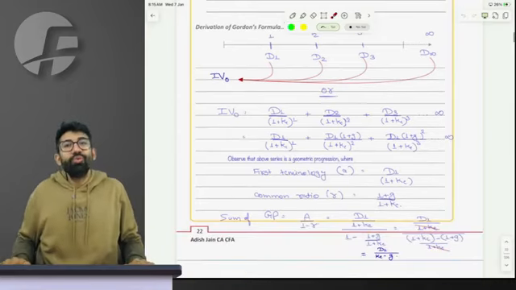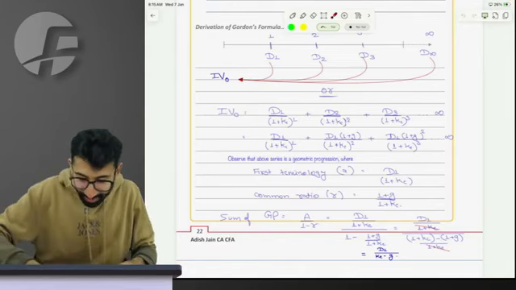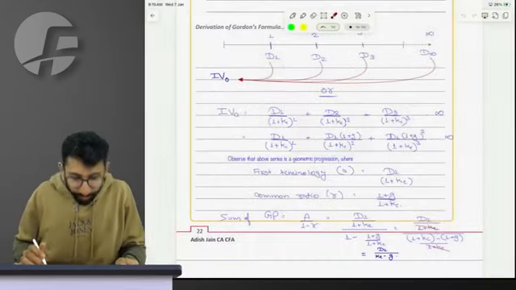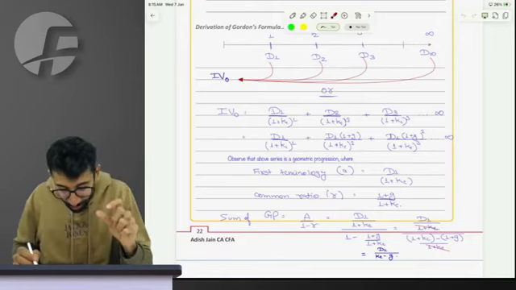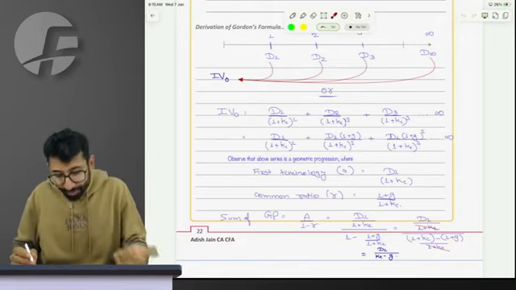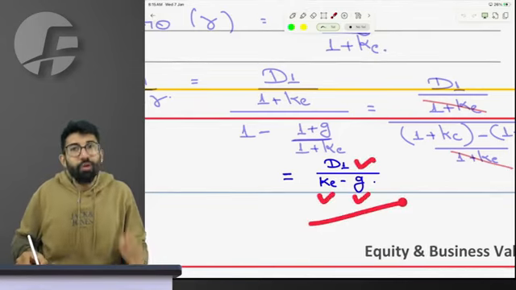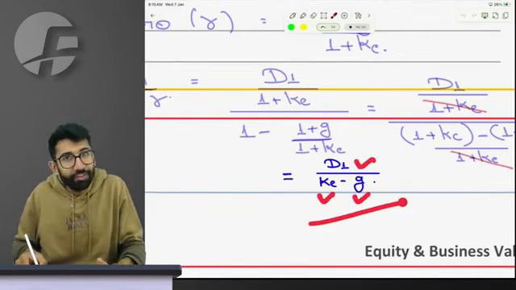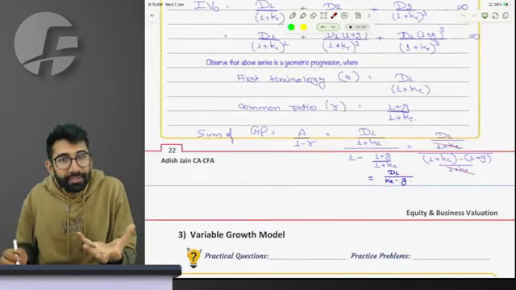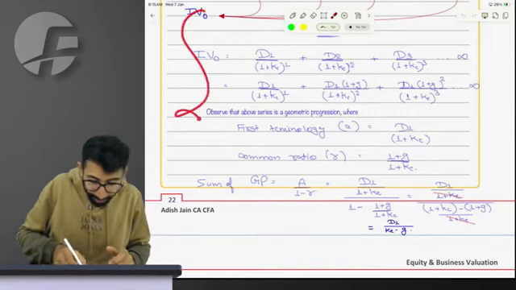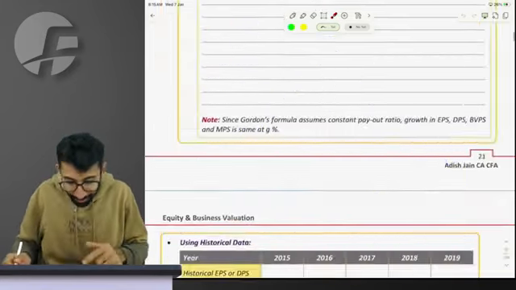You learned at the end of the class how this formula, Gordon's formula of valuing the share based on the dividends, which is ultimately D1 divided by k minus g, is derived. We made use of maths, using the concept of geometric progression. We did derive this particular formula, right?